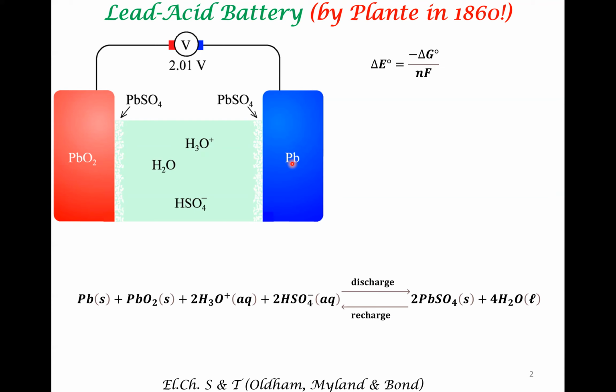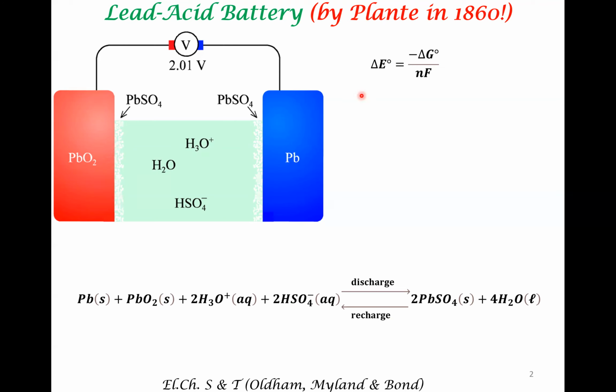What is important to notice is the lead sulfate that is formed, in which lead is in +2 state, is in the form of a solid. When you form lead sulfate from lead, that is deposited here, and when lead sulfate is formed from lead dioxide, it is again deposited close to the electrode or on the electrode itself.